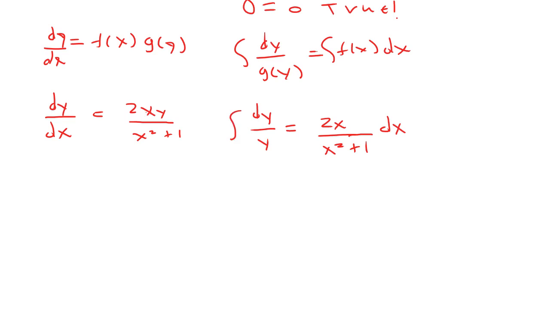So you have the integral, and basically you end up with the natural log of y, and then this equals, similarly, by u substitution, also the natural log. In this case, it would be the natural log of u, and then you have plus c.